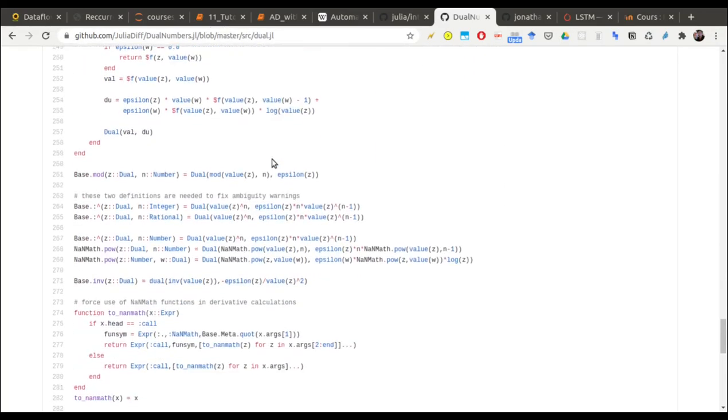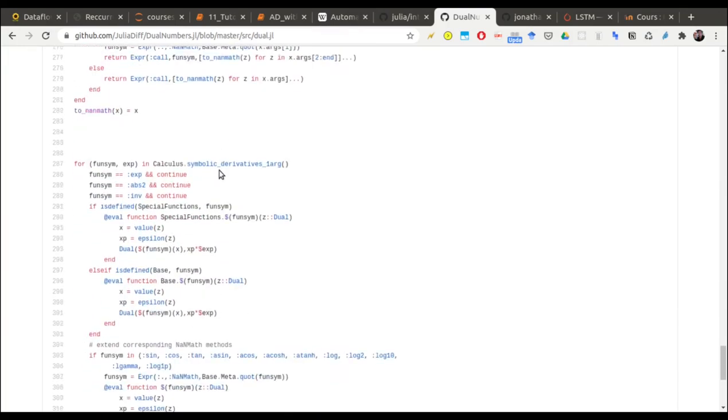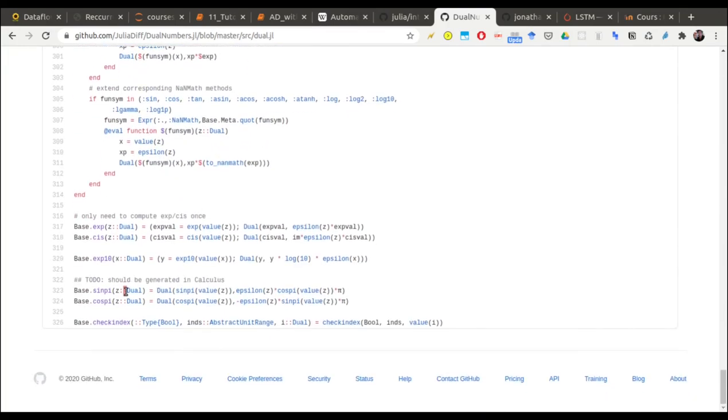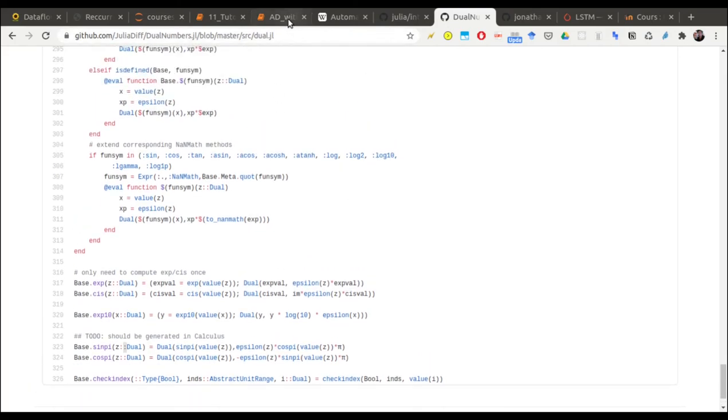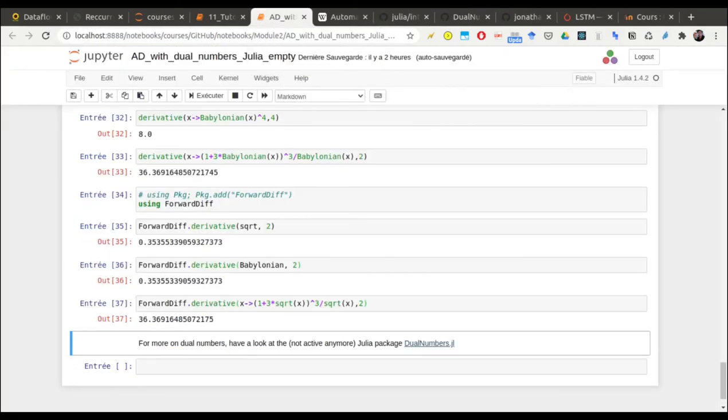So just one small file with 300 lines of code is doing the job and doing automatic differentiation in a very different way than what you did in the first homework, where you were computing the backward explicitly for each new function.